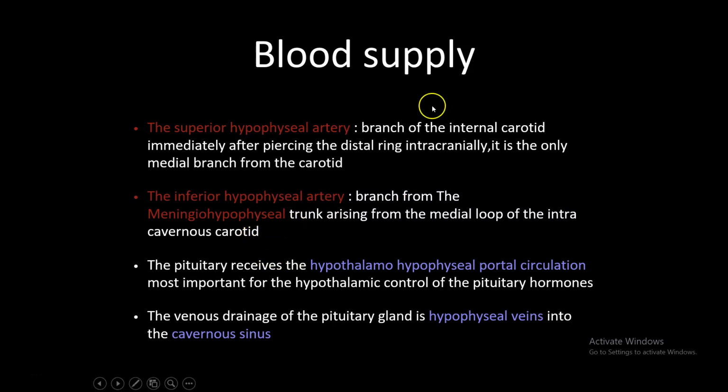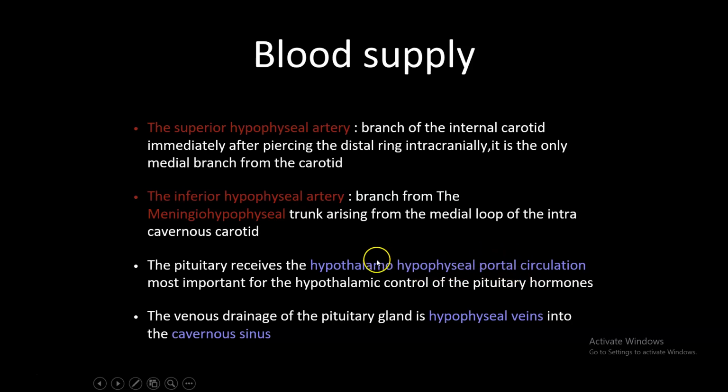And this is the most important thing in the blood supply: the pituitary gland receives the venous drainage from the hypothalamus. When an organ drains its venous drainage into another organ, it is called the portal circulation. The portal circulation is very important in transferring the factors controlling the pituitary functions.